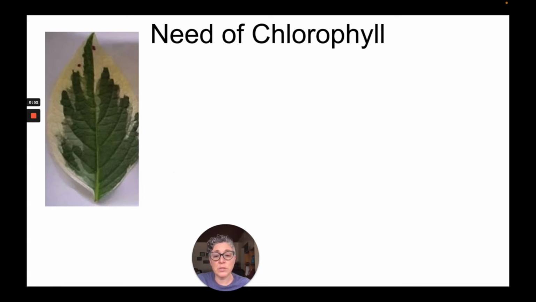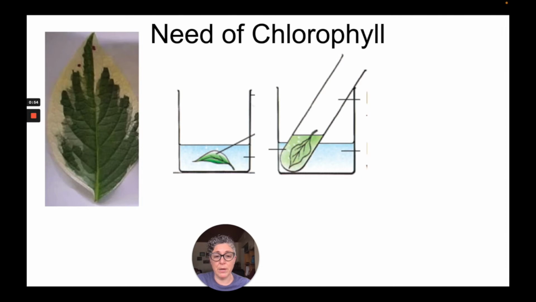And so in order to do this, we're going to set up an experiment where we're going to remove the green pigment from the leaf in order to then expose it to iodine and see if starch is present in any areas of the leaf. Remember that when a plant is doing photosynthesis, it is storing the glucose that it makes as starch granules.